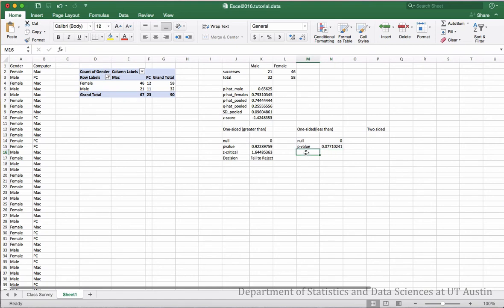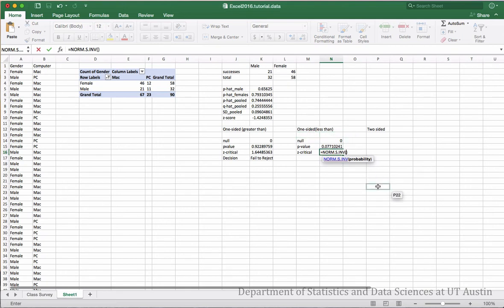We could also calculate a critical value. We would do equals NORM.S.INV, and we're looking for the bottom 5% because our alternative hypothesis is less than, to the left.